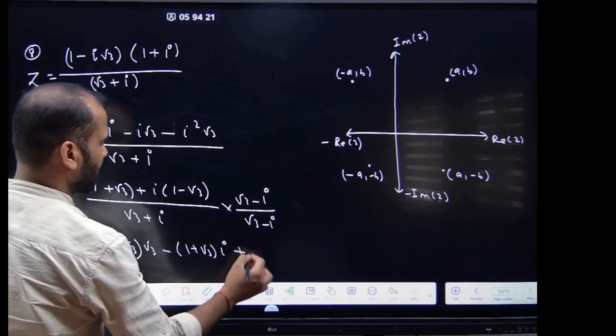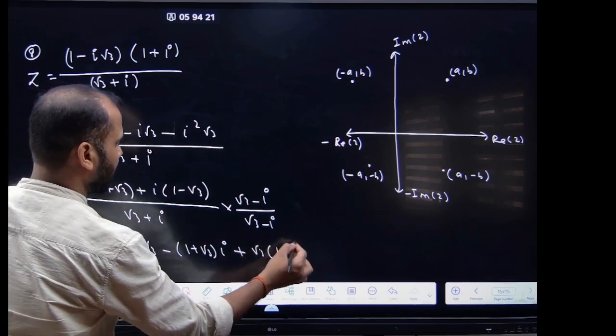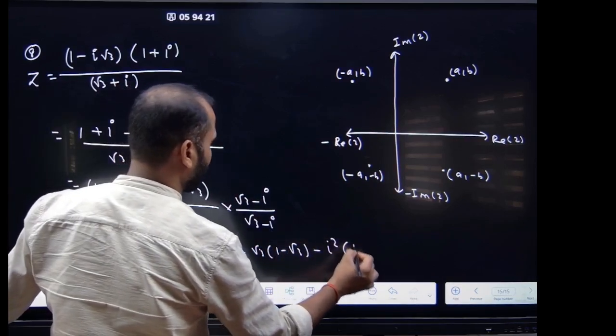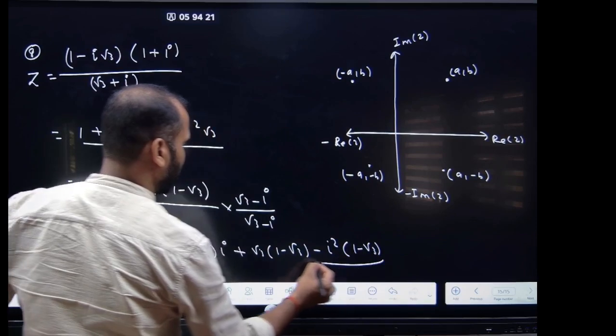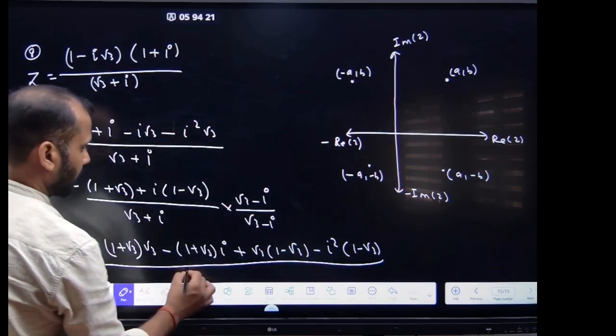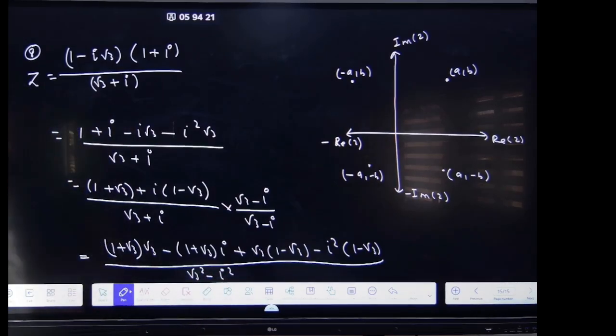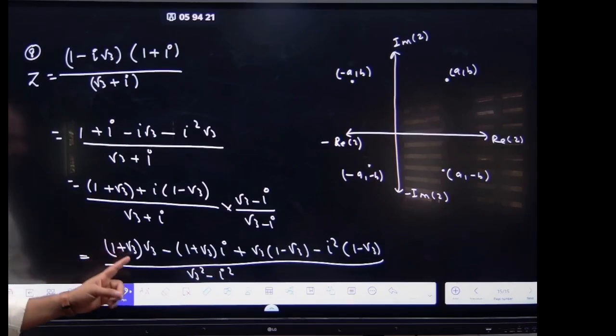Now this plus root 3, 1 minus root 3, and this minus minus i square 1 minus root 3. Denominator, what will you get? Not 0, root 3 square minus i square is minus 1. Now you multiply the numerator separately, something will cancel out, something will be added.